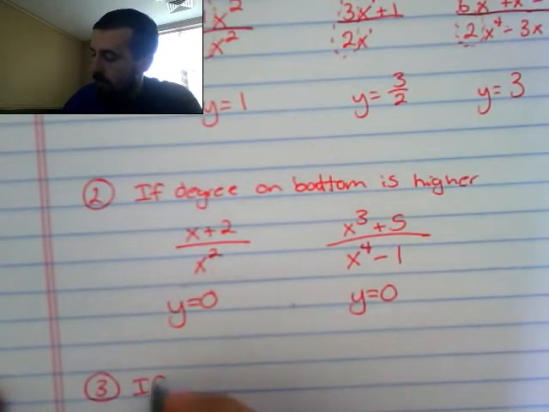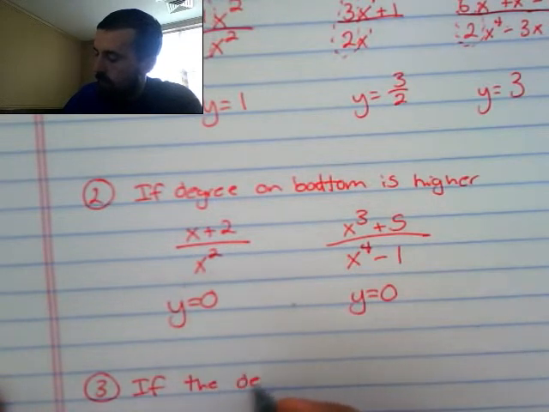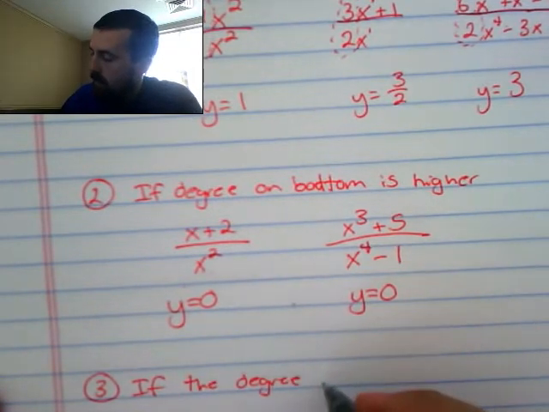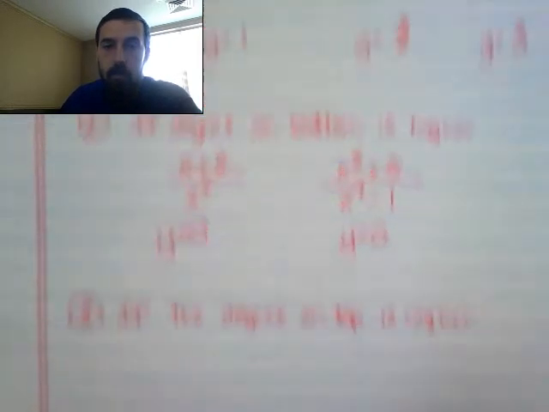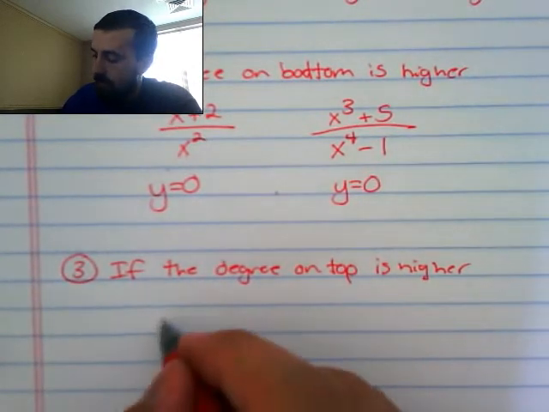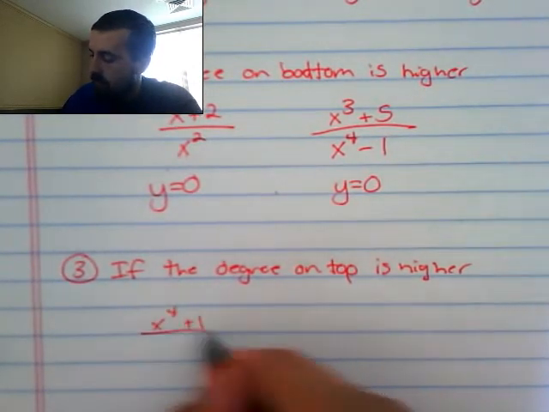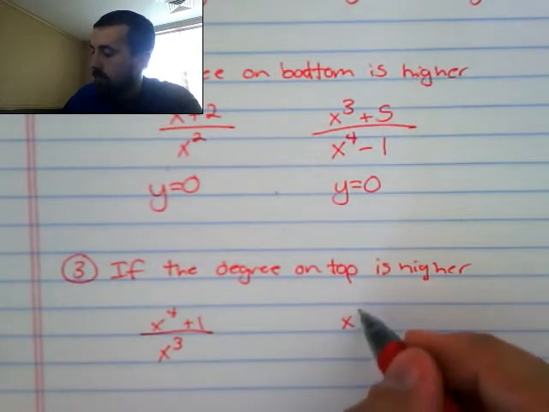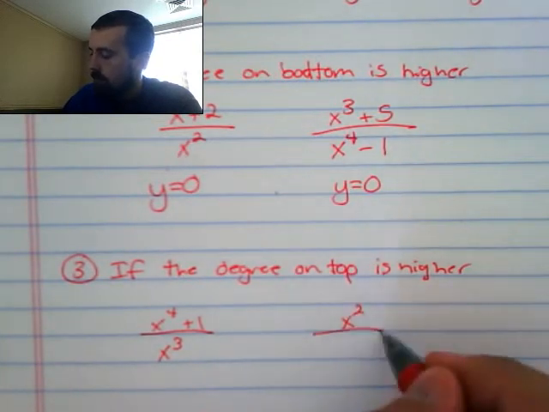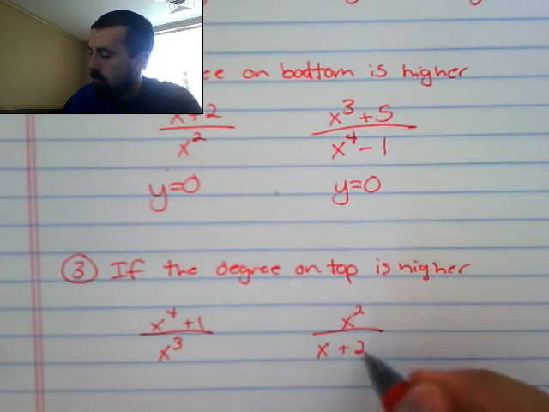Case 3 is if the degree on top is higher. All right, so if the degree on the top is higher, again, some examples here. x to the 4th plus 1 over x to the 3rd. x squared over x plus 2.